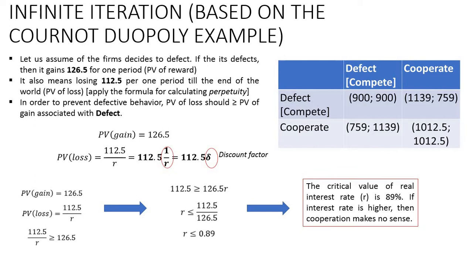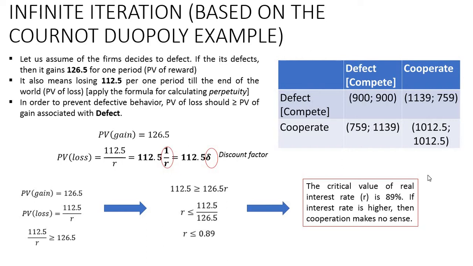And since this is a one-time reward, and it happens in period 0, like right now, we do not have to discount, and we just say that 126.5 is the present value of the gain. Why 126.5? Because if we start at this point when two firms cooperate and then the first firm defects, the first firm will get 1139 instead of 1012.5.